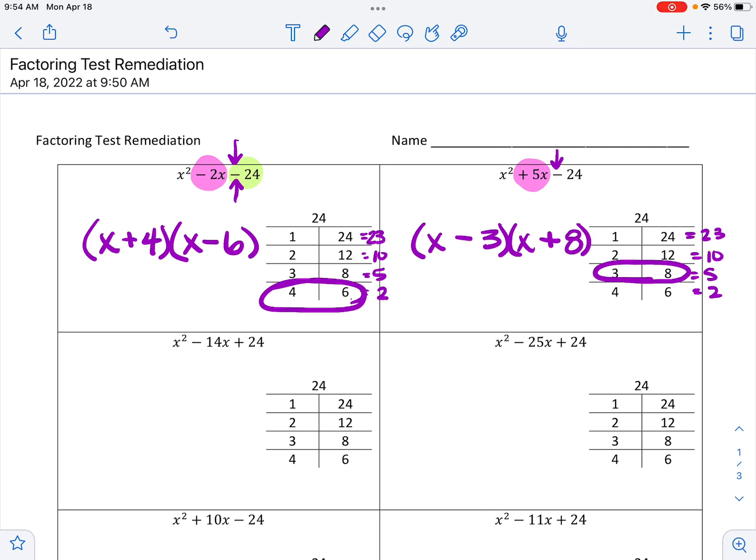So several of you are like, but Miss, what happens if I'm adding instead of subtracting? Well, because this is a positive, I'm just going to add my terms instead of subtract them. And I've found 14 is my magic number that I combine. So I know I'm going to choose 2 and I'm going to choose 12. Now, because my B is negative, they're both going to be negative.